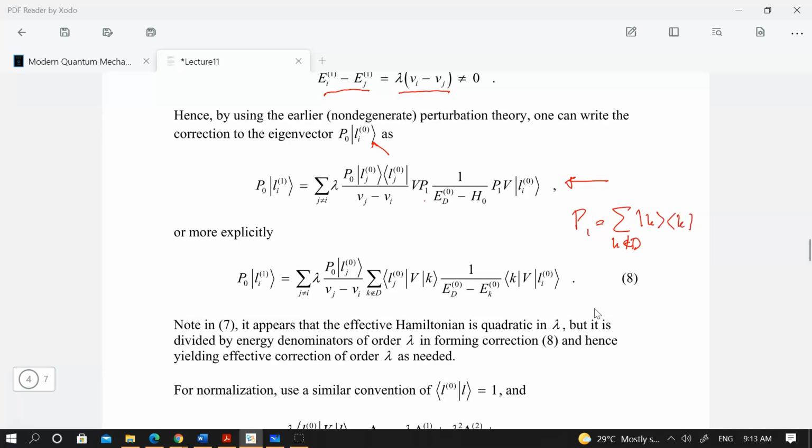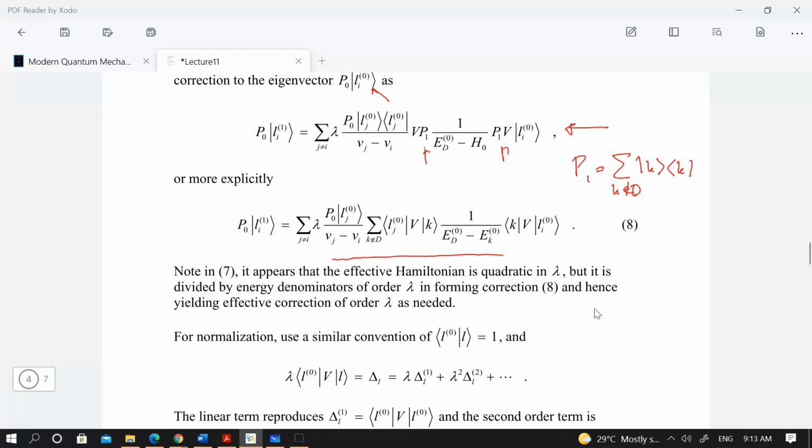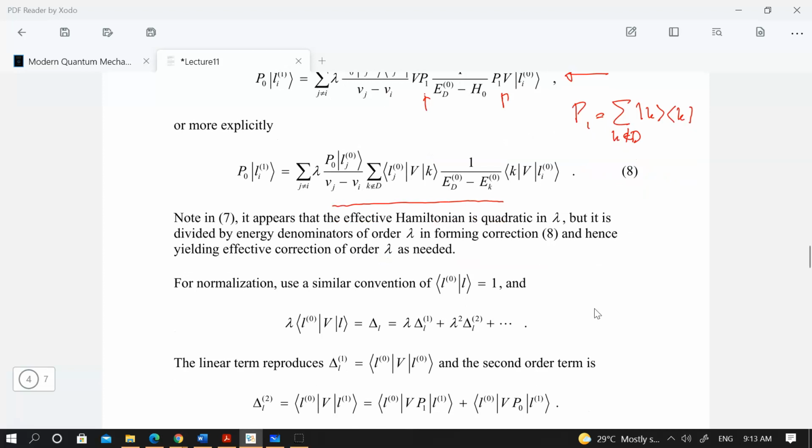So you plug this in, and want to reduce this to this particular equation. Okay. Earlier we mentioned that we had the lambda squared term, but because the denominator also involves lambda, the lambda in the denominator will cancel off with the lambda squared on top to give you a linear term in lambda.